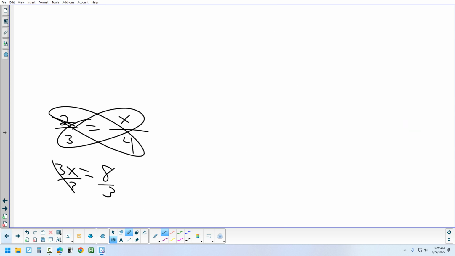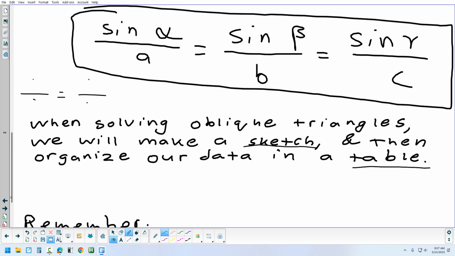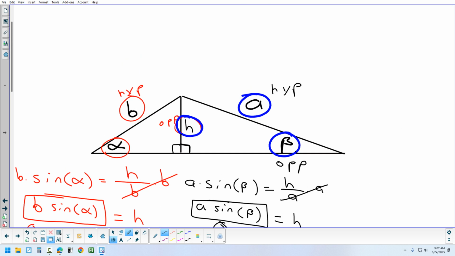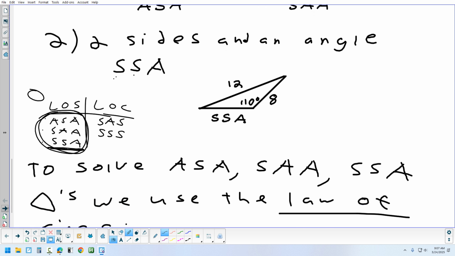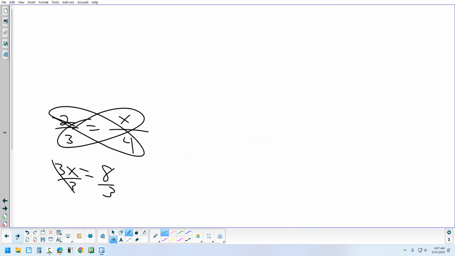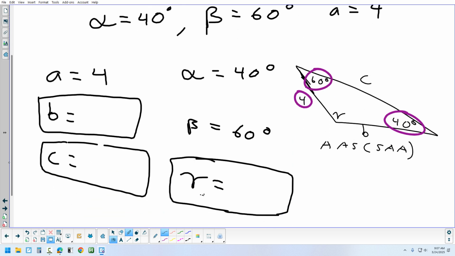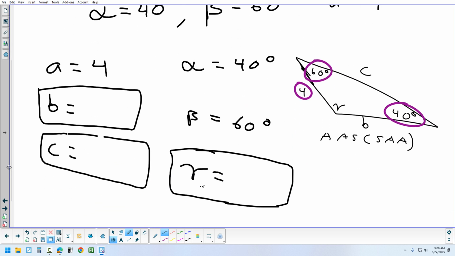Now if we look at our chart, that type falls under one of those 3. So this is a law of sines problem. The other way we can tell this is going to be law of sines is when you look at your table, if you have a full row, a complete row, that means it's law of sines.